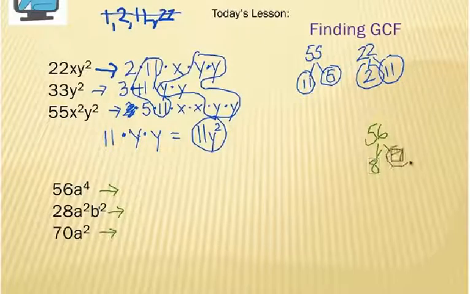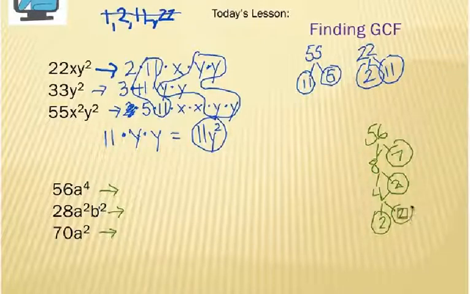So 56 is made up of 8 times 7. 7 is prime. Split up 8 into 4 times 2. My final result, when I circle all my primes, is 2 times 2 times 2 times 7. So I want to write those in order on my list: 2 times 2 times 2 times 7.